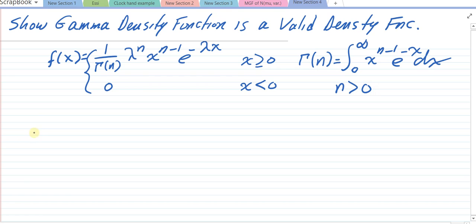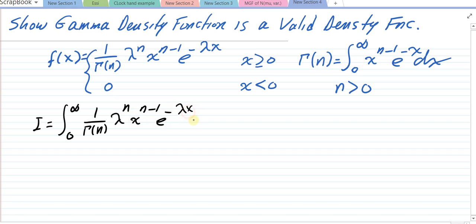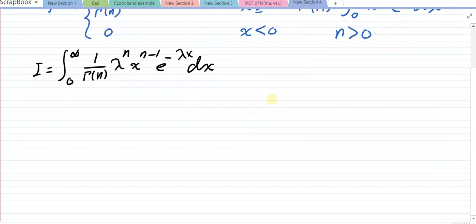So I write the integral for the density function as the integral from 0 to infinity of 1 over gamma n, lambda to the n, x to the n minus 1, e to negative lambda x dx. If this integrates to 1, then we have established that the density function is indeed a valid function.